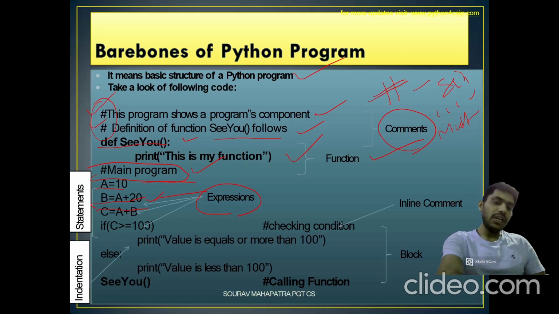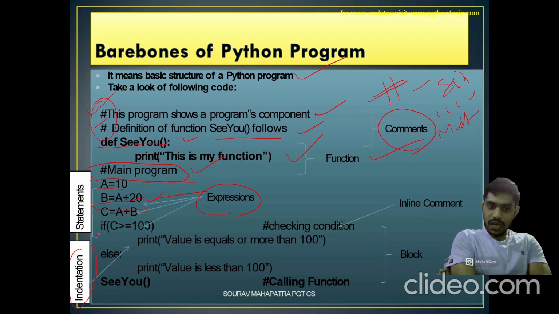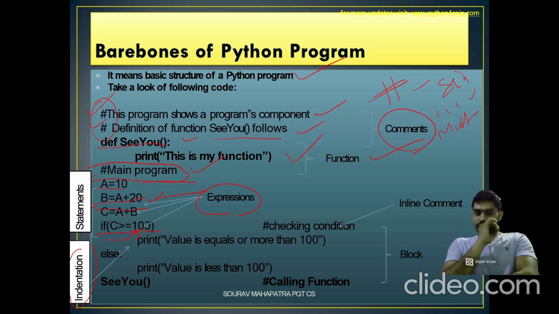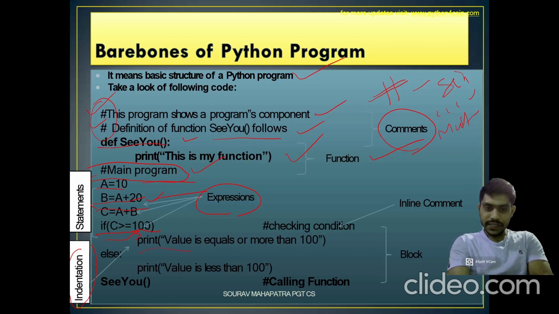Then another concept they have added here, that is called indentation. Okay, you can see here. So what is that indentation? Indentation means you write your program in a particular order. See, after the if condition, if c greater than equal to 100, they have given four spaces. Whatever particular space they have given, and they have written print.